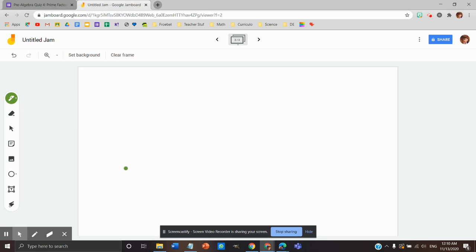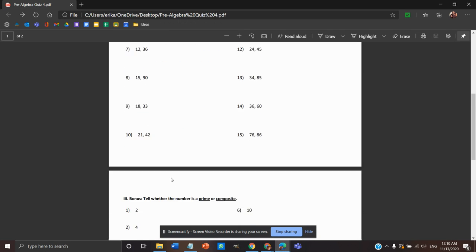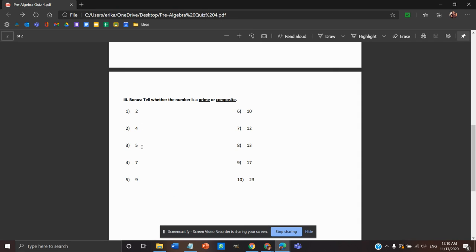Let's see what numbers we have in our quiz first. We have the 2, the 4, the 5, the 7, the 9, the 10, the 12, the 13, 17, and 23. If they're prime numbers, you're going to write prime. If they're composite, you're going to write composite.